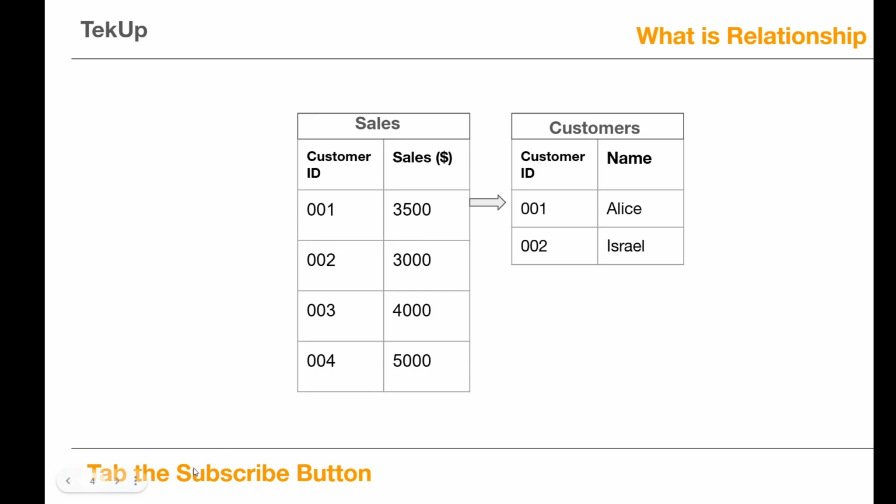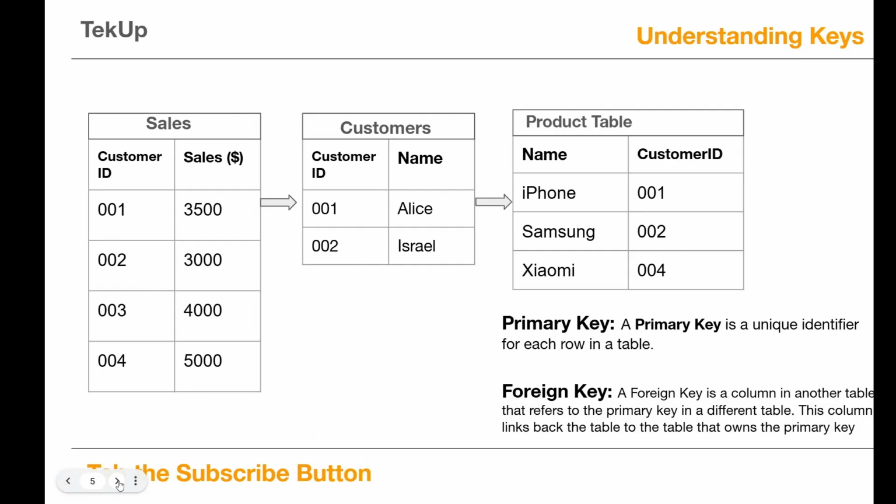Now, let's understand keys. When you look at these tables, we have the sales table, the customers table, and the products table. There is an arrow connecting these three tables together. But I want you to also look at these tables thoroughly. You see that we have something that is common between these three tables, which is also the customer ID.